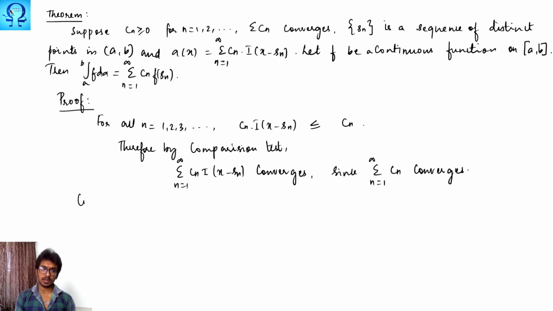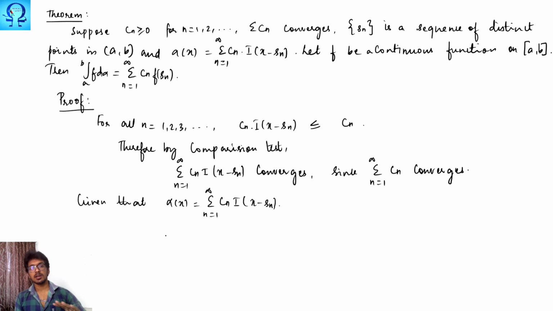Okay, so next we are given that alpha of x is summation n runs from 1 to infinity Cn I of x minus Sn. We'll have to prove this alpha is a monotonic increasing function so that the integration with respect to this alpha can be spoken of. For which, let us consider 2 points.